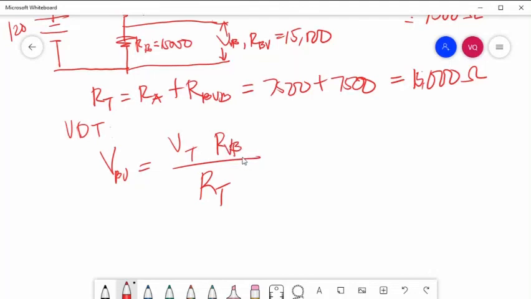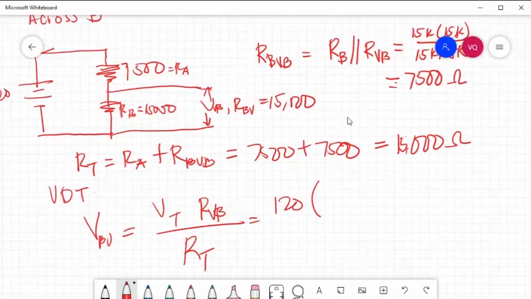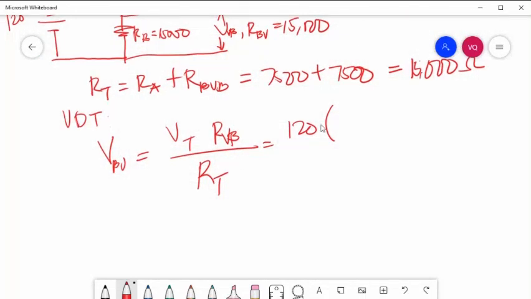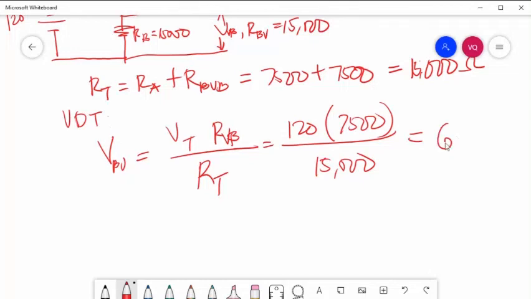So, 120 multiplied by RBVB is 7,500 divided by total is 15,000. So, 120 times one half is 60 volts.